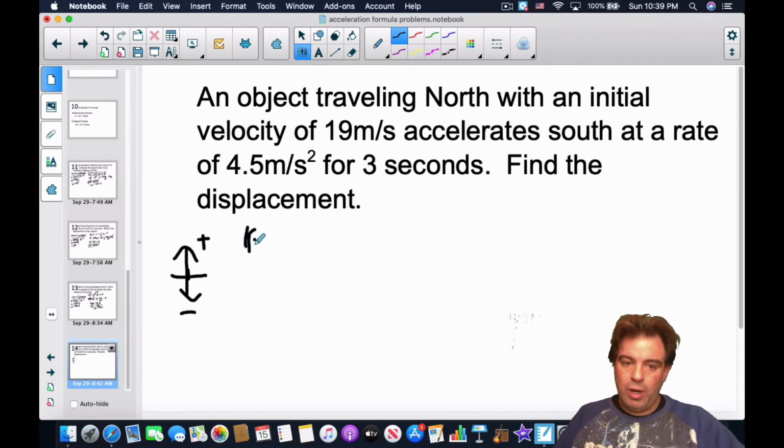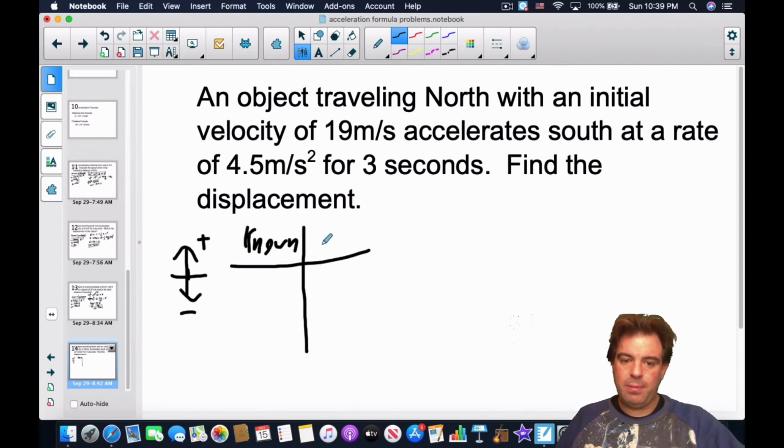So let's do our T-chart. Here it is, known versus unknown. So an object traveling north with an initial velocity of that. Because it travels north, we see that as positive. So our velocity initial is going to be positive 19 meters per second.